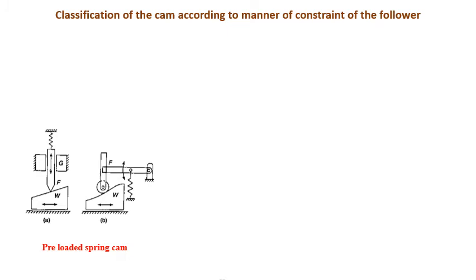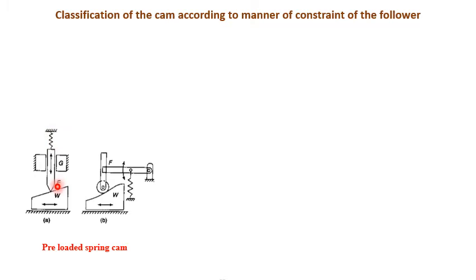Next one, classification of cams according to the manner of constraint of the follower. First one, the preloaded spring cam. Here the cam and the follower are held together by a member called a spring.